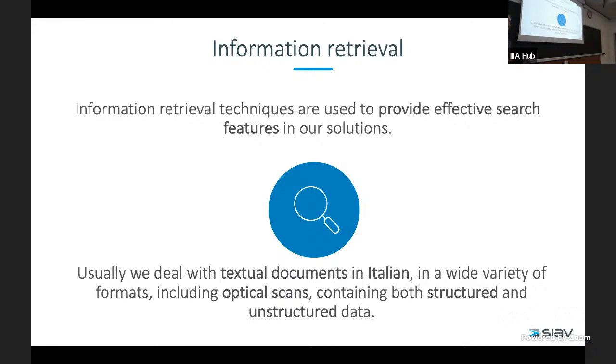You usually have the main Microsoft Office or LibreOffice formats, emails, PDF files, but also optical scans, containing both structured and unstructured data. Unstructured data is any document with descriptive textual content, like a document describing a project. For structured documents, you can think about, for example, an invoice, where the text usually is in boxes with a particular meaning.